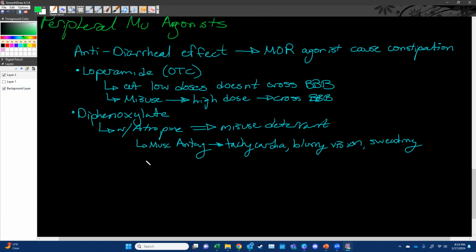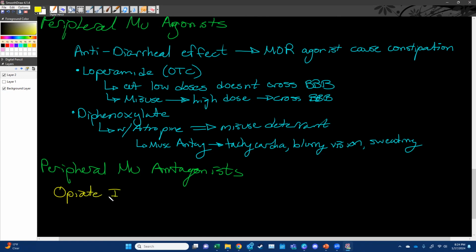If we talk about the peripheral agonists, we should describe the antagonists. Really what these are being used for is as opiate-induced constipation antidotes.